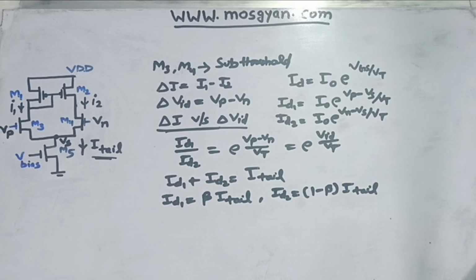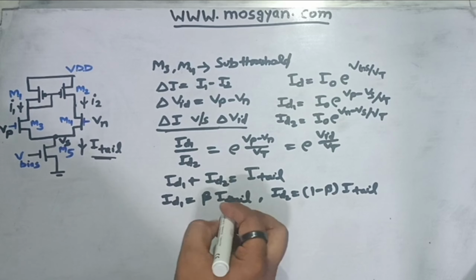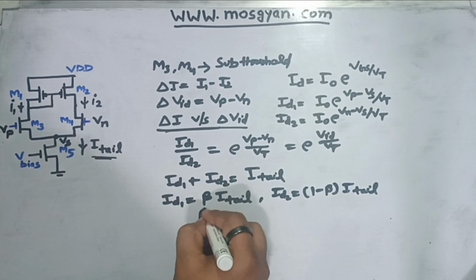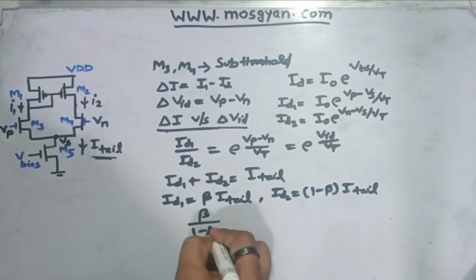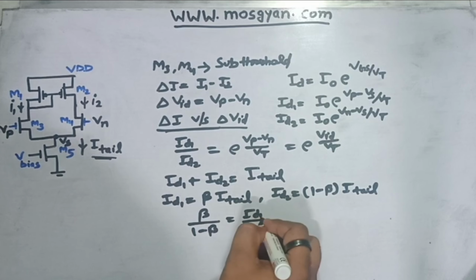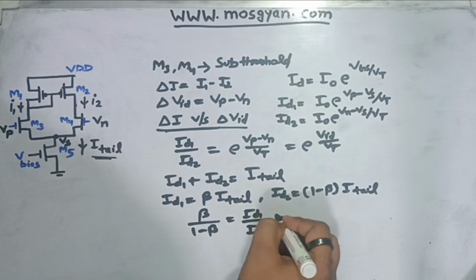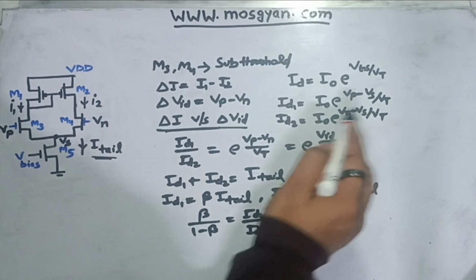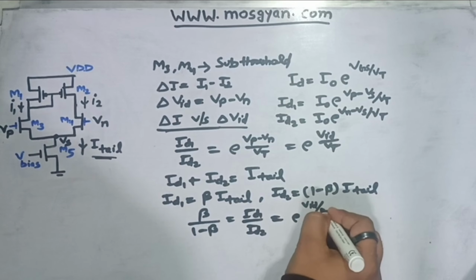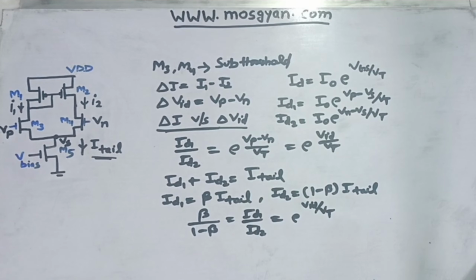If we now divide ID1 and ID2, so ultimately we'll get beta ITAIL divided by 1 minus beta into ITAIL. So we can write beta divided by 1 minus beta is equal to ID1 divided by ID2. Now this value we already have extracted here. So we can write it equal to e to the power delta VID divided by VT. Now this is a simple equation.